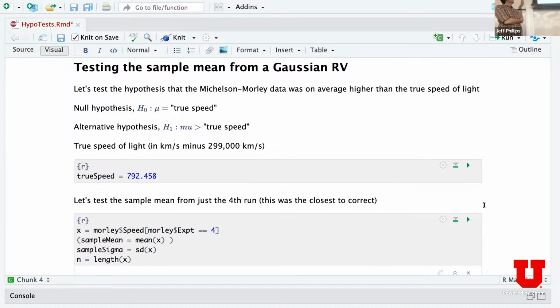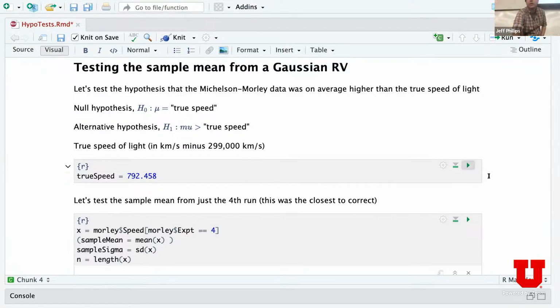kilometers per second. These values are slightly below that, and we've subtracted 299 kilometers per second from the data. And then the true speed after you subtract that is going to be this 792.